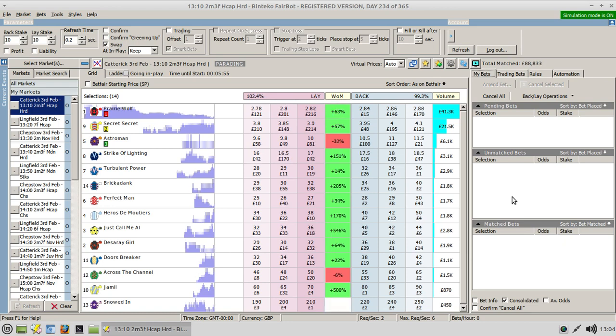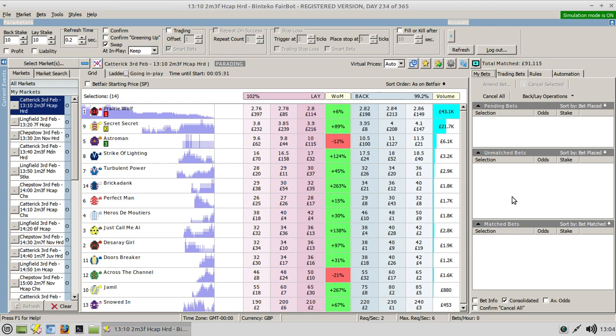But again, it's theoretically possible to place a Dutch before the off and then trade out before the off. And I have temporarily looked at that in the past, but quite frankly, the results are inconclusive in that there was no major profit to be made or indeed any major loss incurred.